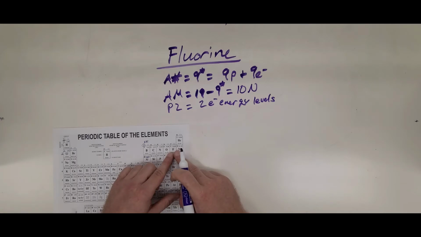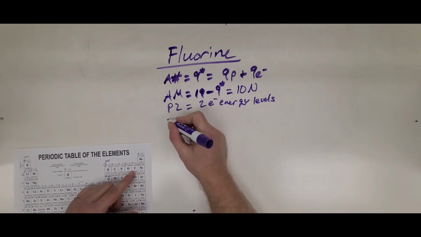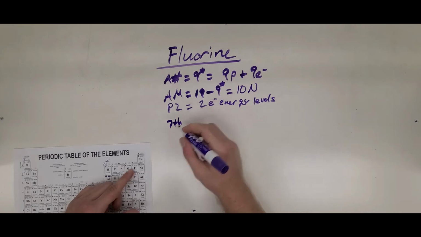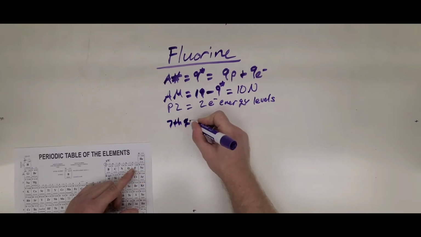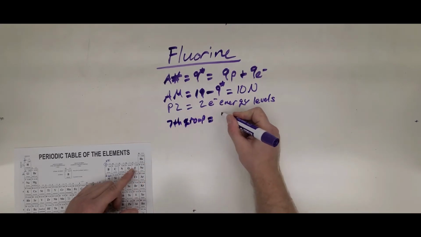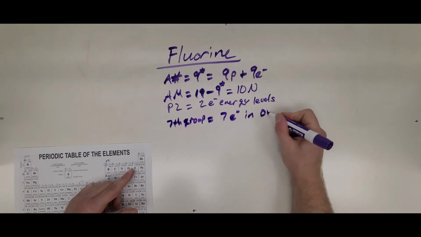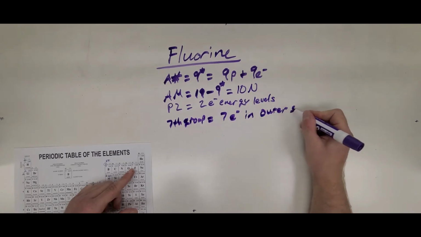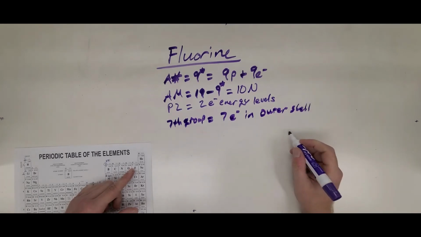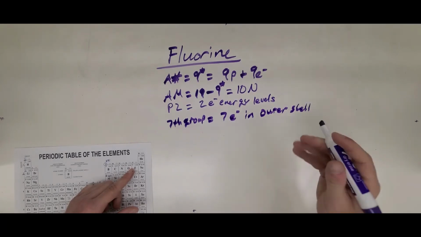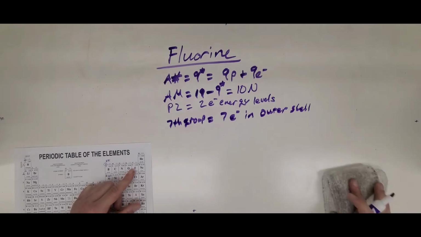So that means it's going to have 7 electrons in its outermost shell. So, 7th, we'll call that the 7th group, means 7 electrons in the outer shell. Okay, let's go ahead and take a moment and draw this.